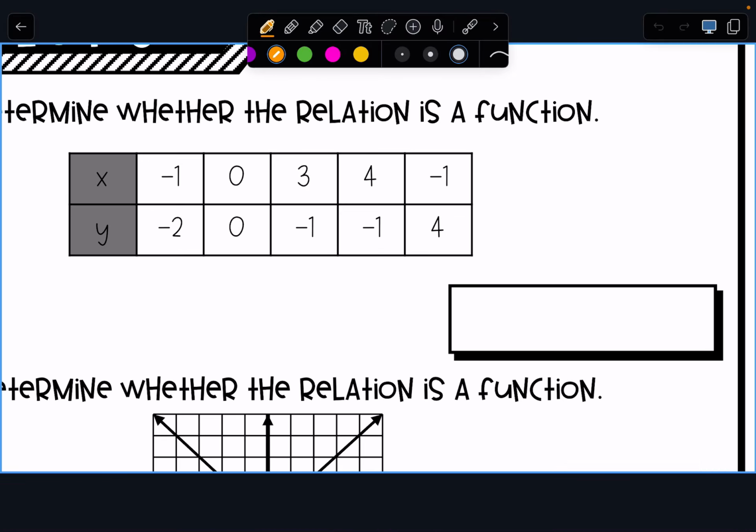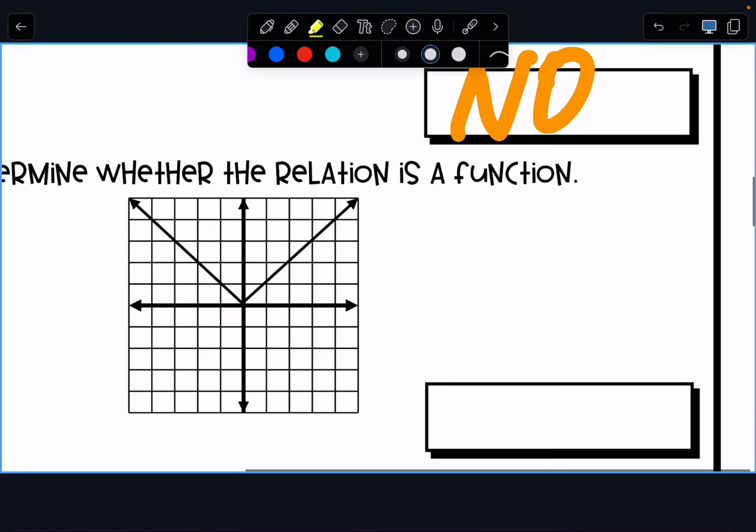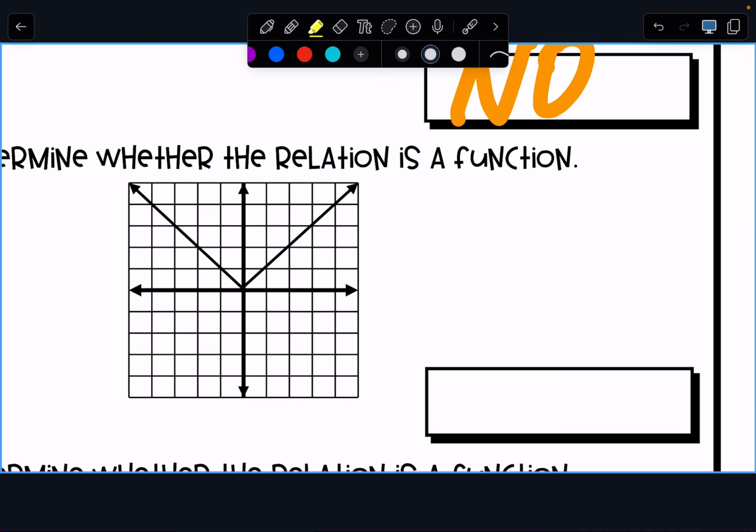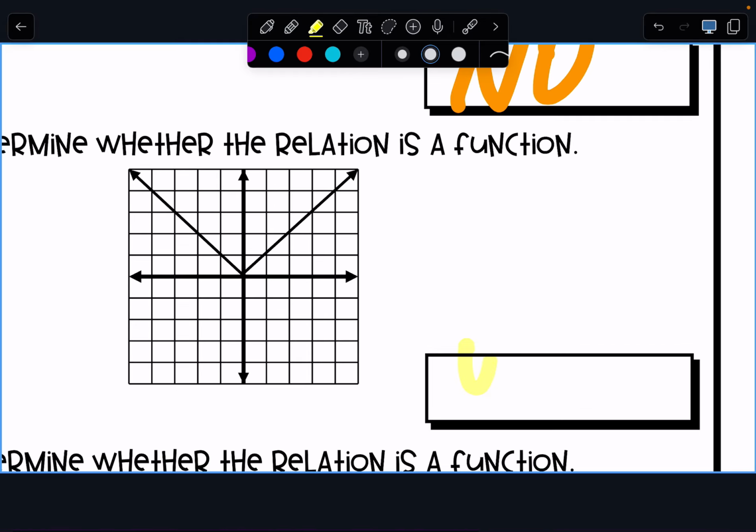Axton, is number 1 a function? Okay. Kylie, is number 2 a function? Yes. Whoops. Yes, it passes the vertical line test.